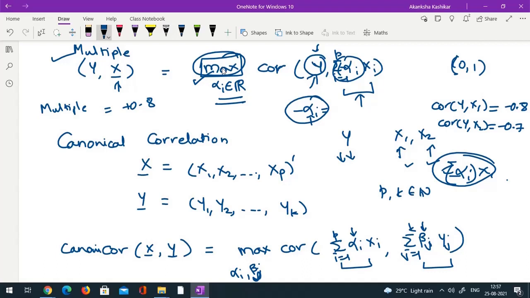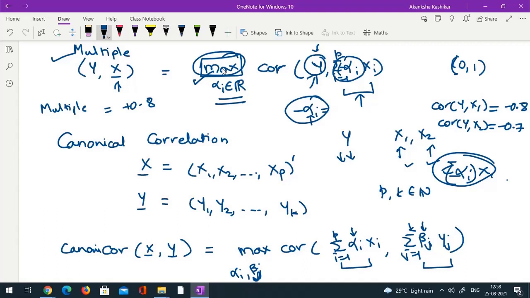So in any case, whatever may be the relationship between y's and xi's, let them be negatively correlated with each other, let them be positively correlated with each other, or let it be that some xi's are negatively correlated and some xi's are positively correlated. In every case, finally the maximum is always going to be positive, because if you claim that the maximum is negative, someone else can immediately multiply all your coefficients by -1.